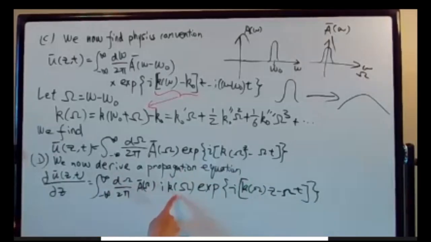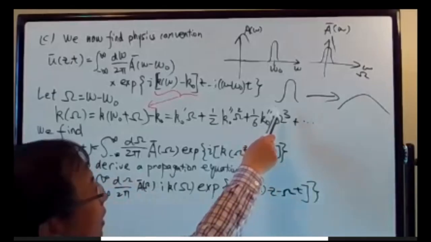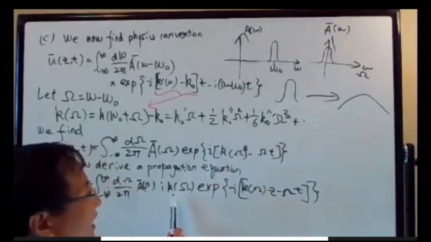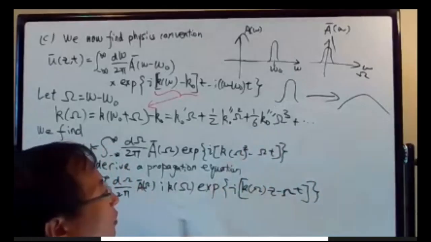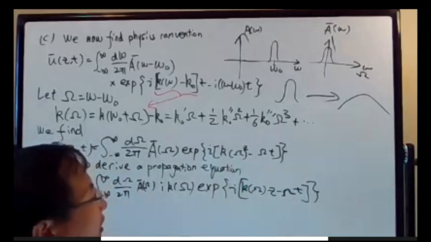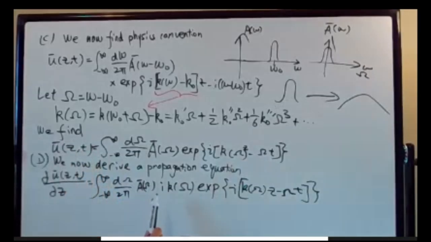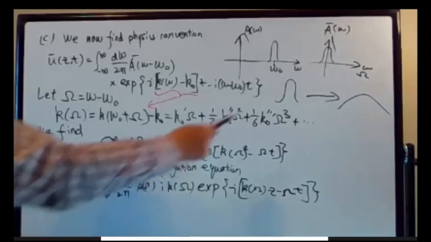Then when we propagate from here to there, if k is a constant, then in this integral the shape does not change. So if k is not omega dependent, the shape doesn't change. But because k is a function of omega, a wavelength-dependent k, the pulse will change. The shape will change.